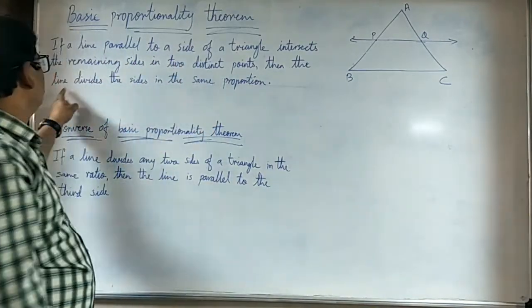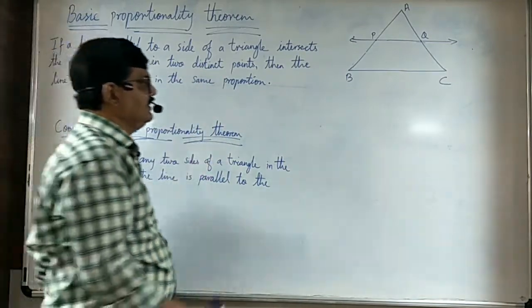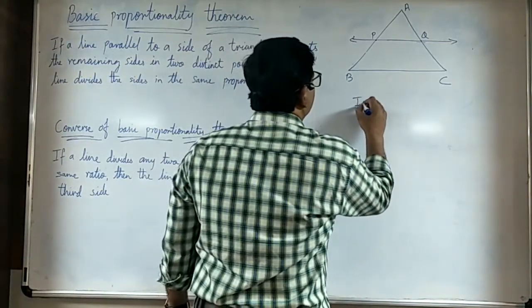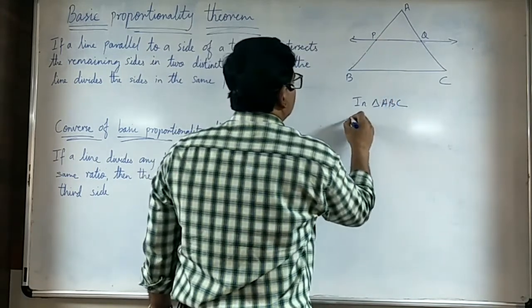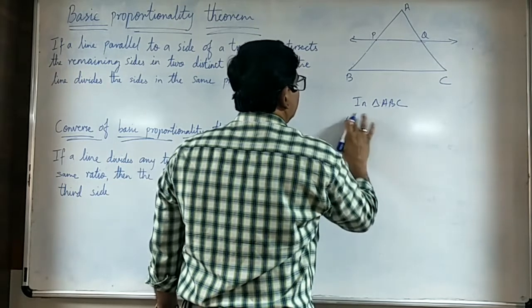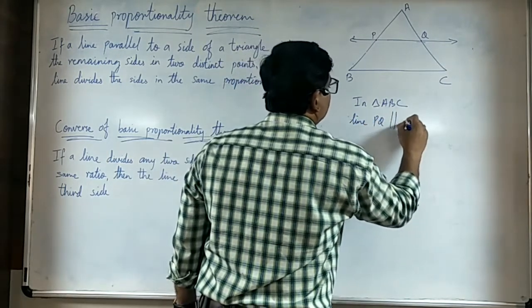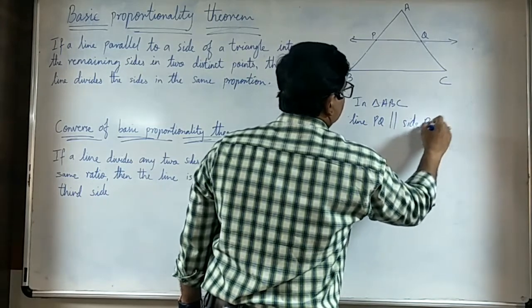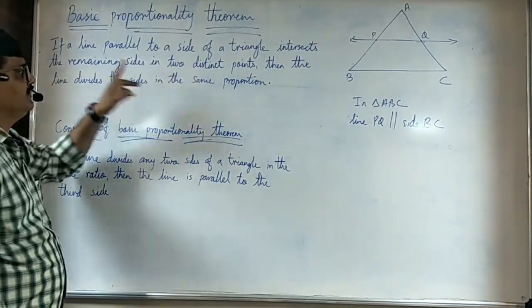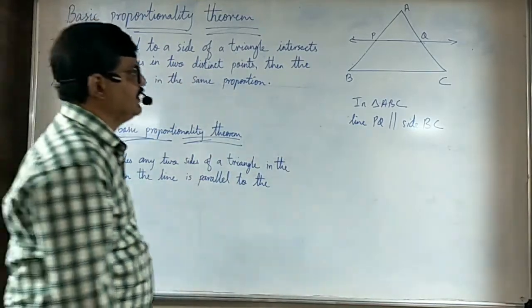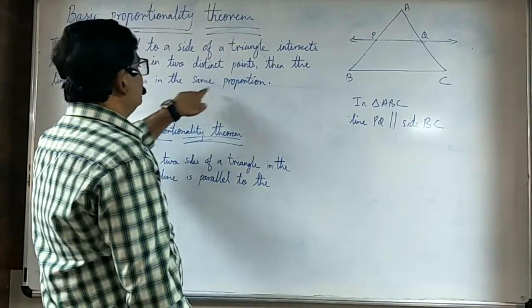Then the line divides the sides in the same proportion. In this case, in triangle ABC, line PQ is parallel to side BC. Can you see that line PQ is parallel to side BC? That's what they told: if a line parallel to one of the sides of a triangle intersects the remaining two sides, then the line divides the sides in the same proportion.